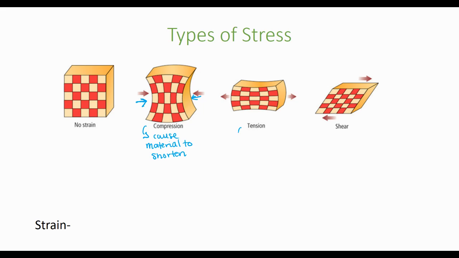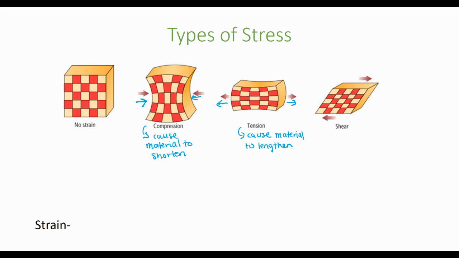Tension is going to cause the material to lengthen. In this case, the material we're talking about in all of these cases are rocks. And this occurs when the forces are acting against each other.